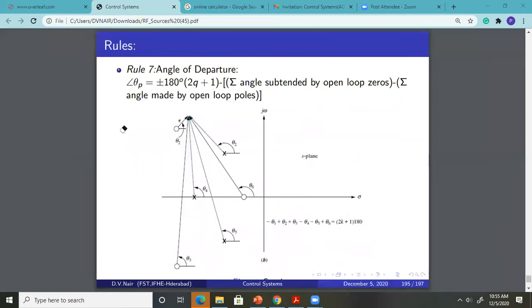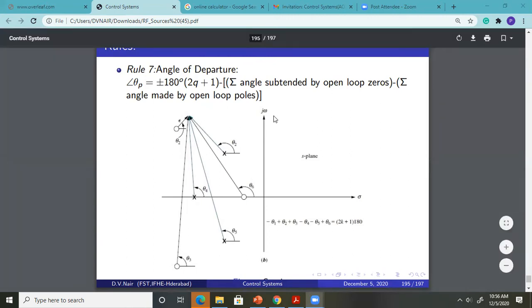Okay. So now here you see you have some plot given to you here. Now see, friends, we have a plot of open loop poles and zeros. So crosses indicate open loop poles, and O's or circles indicate open loop zeros.